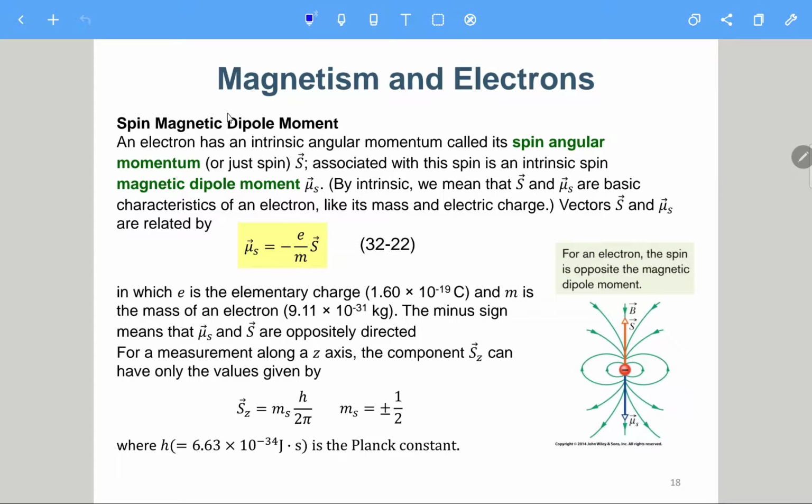Actually, in chapter 29, we have discussed that if we have some moving charge, or actually some current, and some current is moving charge, in that case it will generate a magnetic field.